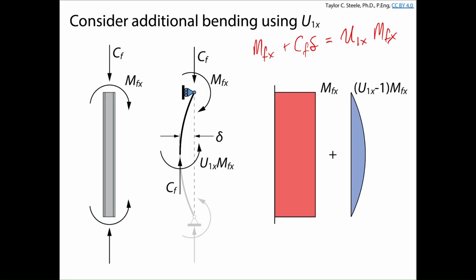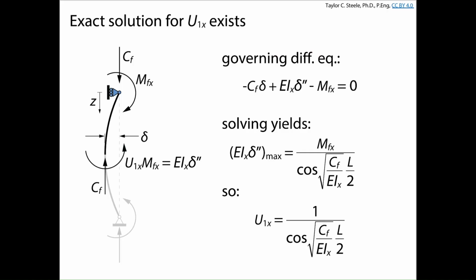Now, I'm going to get hand wavy here in a moment because in order to figure out what U1x should be, we have to look at graduate level material and differential equations that I don't even think I've seen in a classroom, though I've read the derivation before. Basically, we have to consider the presence of the moment, CF delta and MFX, as well as whatever moment is present due to the curvature of the beam.